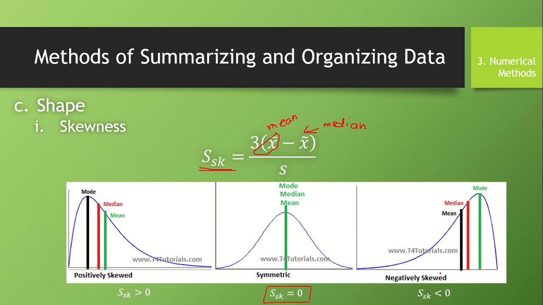For negatively skewed data, that's where the data are clustered more on the right side of your curve. That's when the skewness is less than 0, meaning skewness contains negative values.